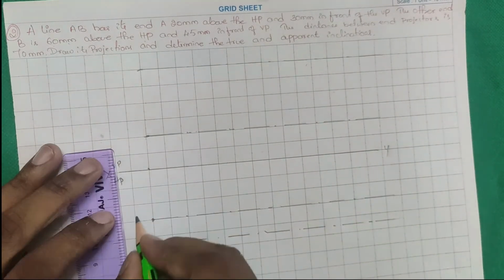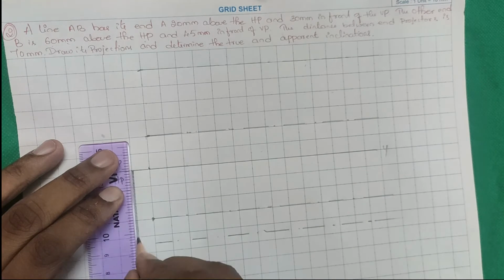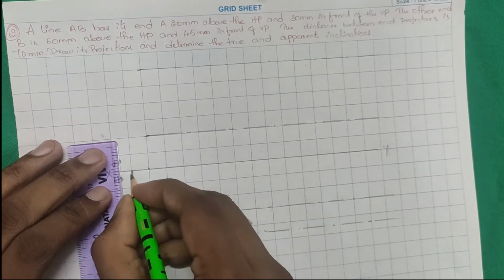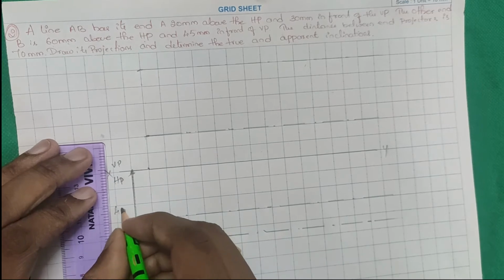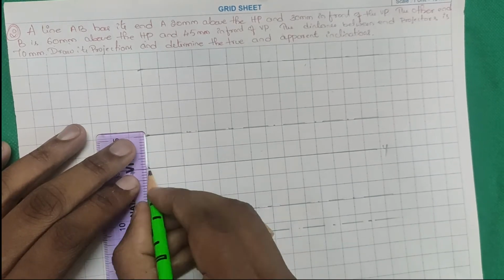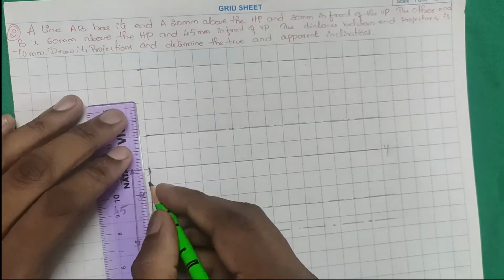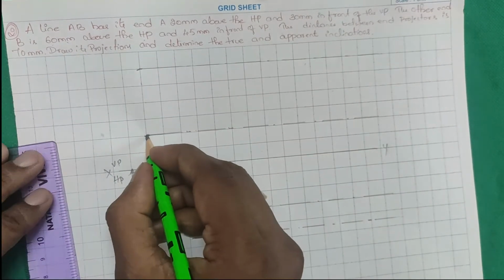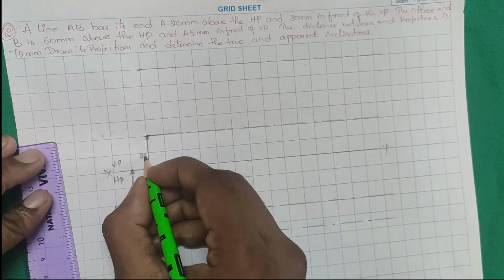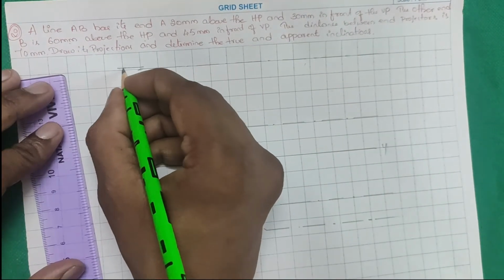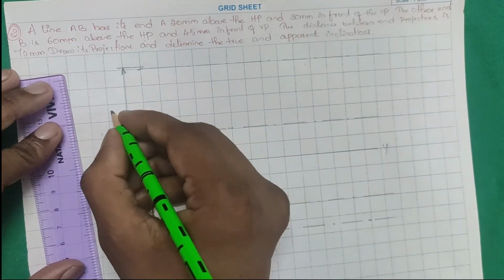Now you have to represent this: this is 45 mm, from here to here is 30 mm, from here to here is 20 mm, and from here to here is 60 mm.